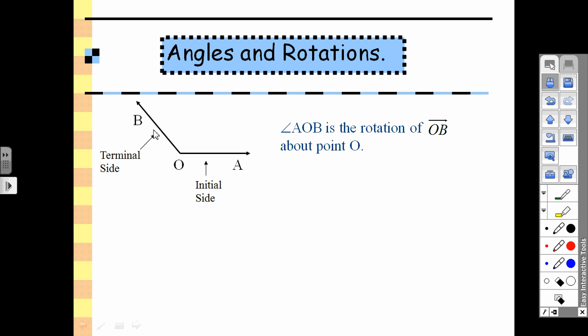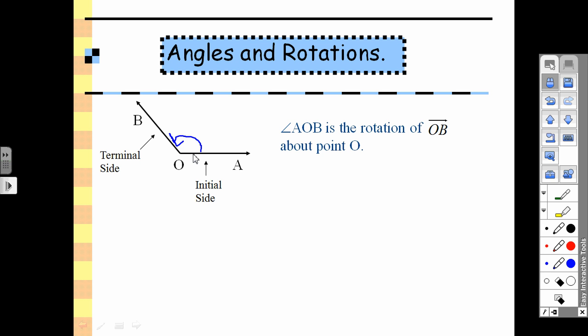You can see this ray OB could have been thought of as starting at the initial side of OA and rotating around until it stopped at this location. And what was created was an angle. So it's kind of like starting from here, it rotated around until it got here. Draw my little funky arrow there. And so you get this angle that's created, and it's an obtuse angle.